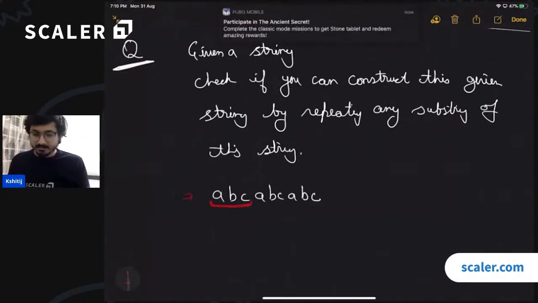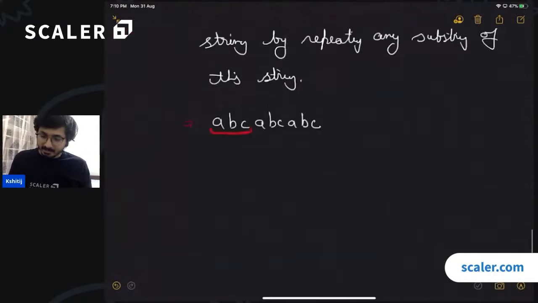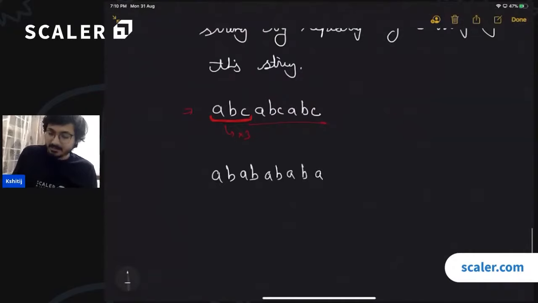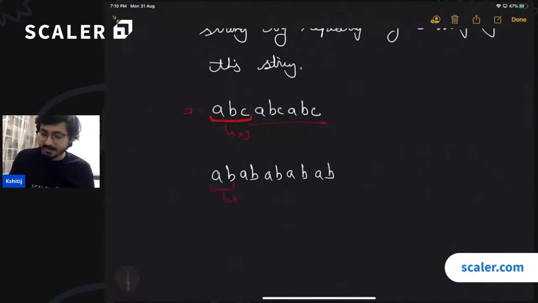So what you can do is you can just pick ABC and you can repeat ABC 3 times and then you get this complete string. Okay. Another example could be that you have ABABABABAB, right? So in this case, you can just repeat AB 5 times and then you get this original string, right?